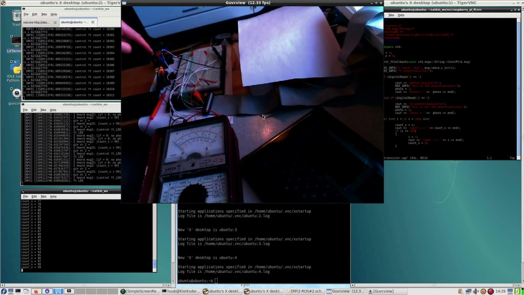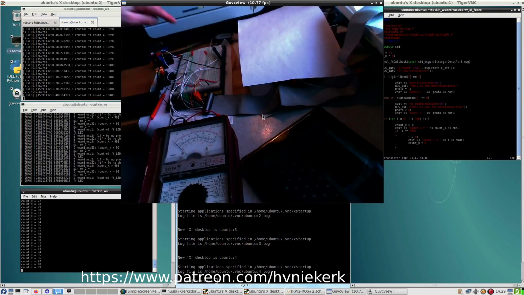Coming from here, as I measured, is 2.5 volts. That means that 2.5 volts through the voltage divider.